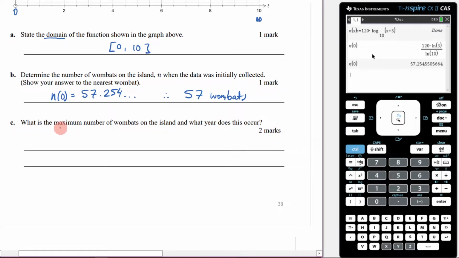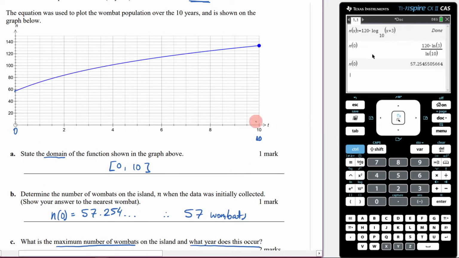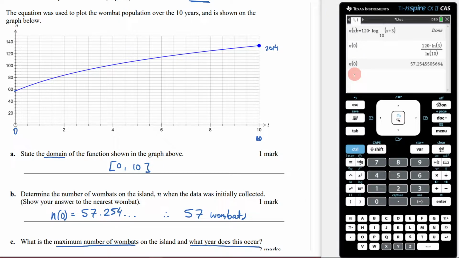Next, what is the maximum number of wombats on the island and what year does this occur? Well, we immediately know it's going to occur in 2014 because if we look up here, 10 years in, this is 2014 right here. So this is N of 10.